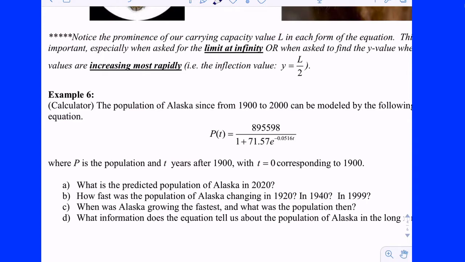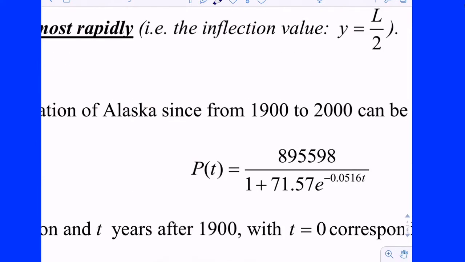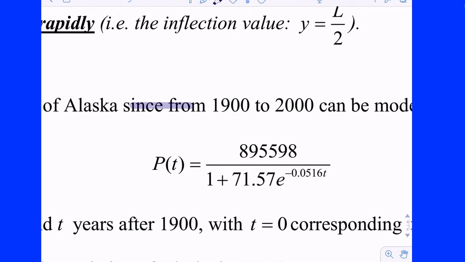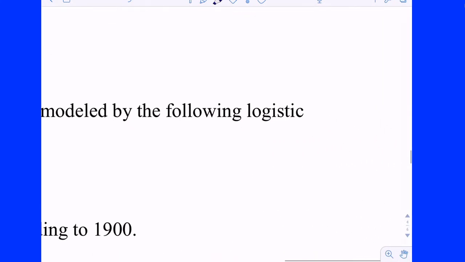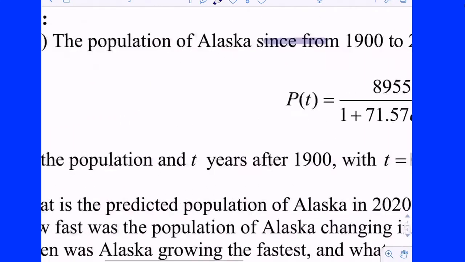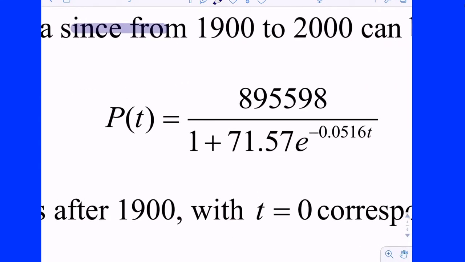The population of Alaska from 1900 to 2000, so over that 100-year period, can be modeled by the following logistic equation. Notice that P of t is measuring people. t is measuring time in years since 1900.